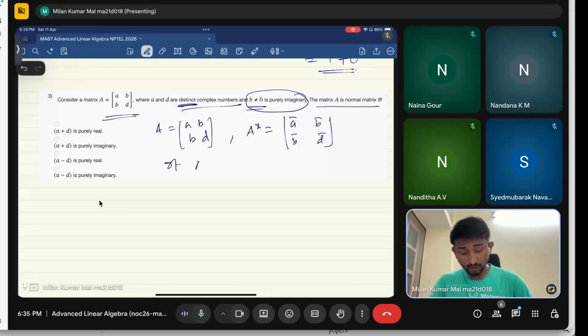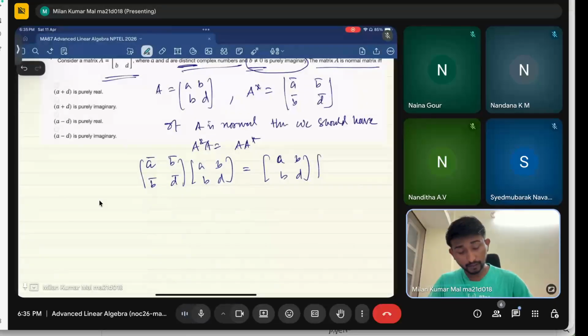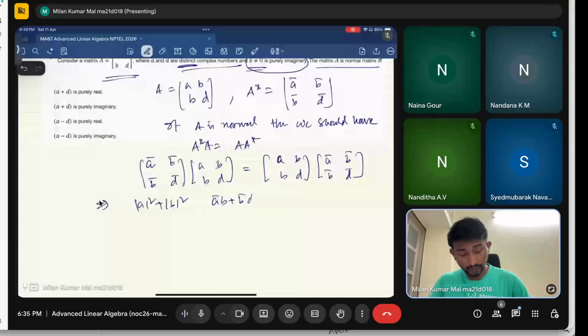So if A is normal, then we should have A star A equal to A A star. A star is A bar, B bar, B bar, D bar, and A is A, B, B, D. That has to be equal to the product the other way. So we should get that mod A squared plus mod B squared, then A bar B plus B bar D, and B bar A plus D bar B, and then mod B squared plus mod D squared.